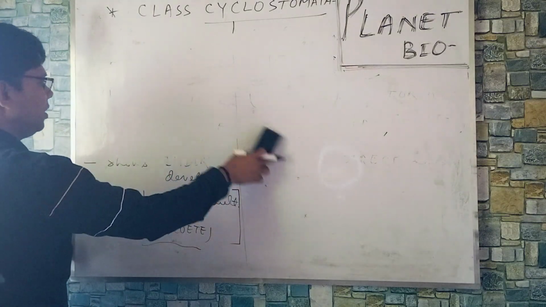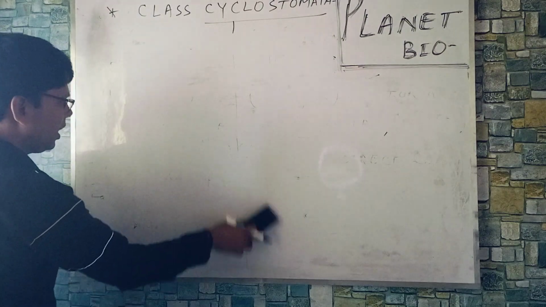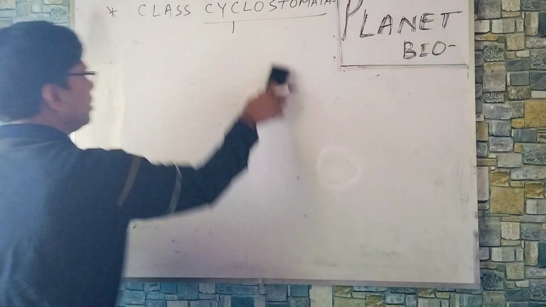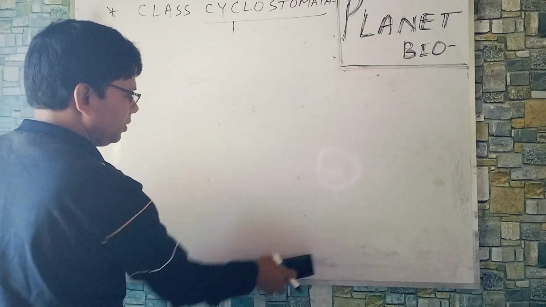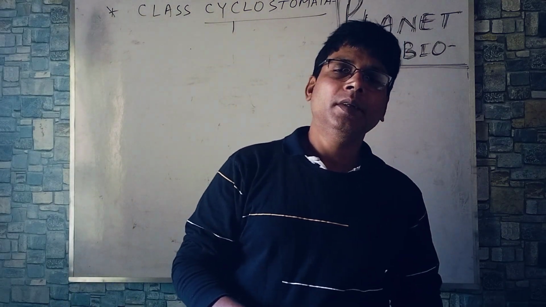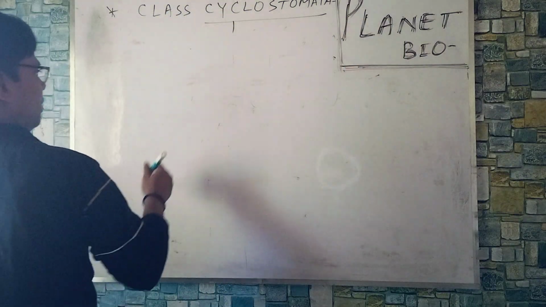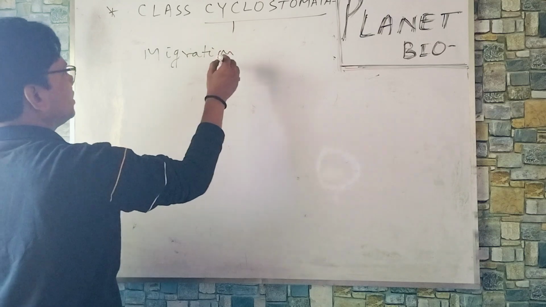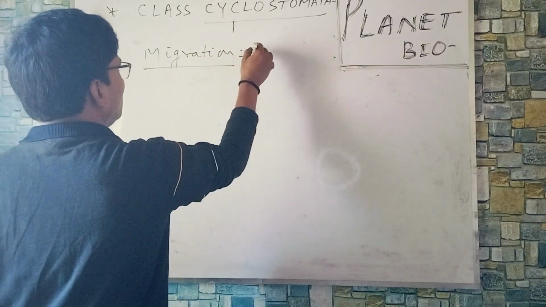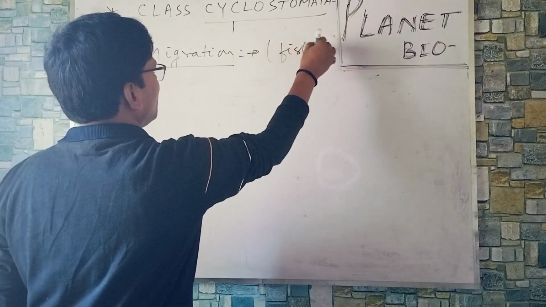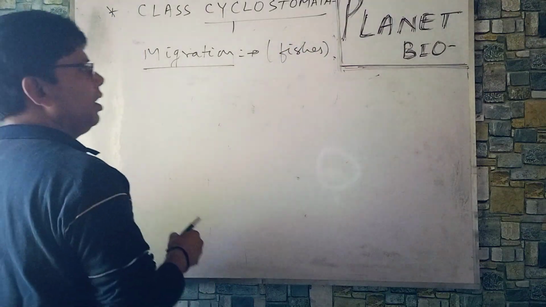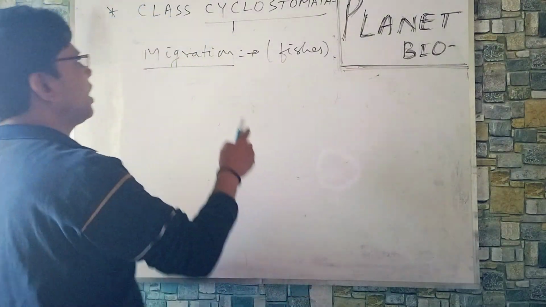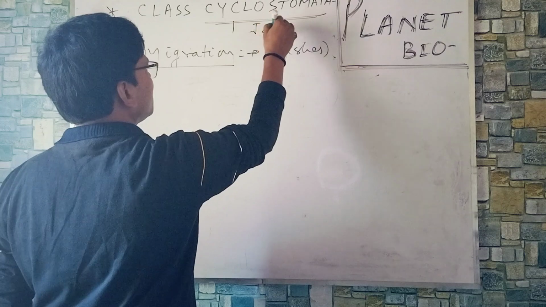One specific point needs to be noted down: as per the NCERT textbook, these cyclostomes exhibit indirect development. Migration can be seen in fishes, both jawless and jawed.